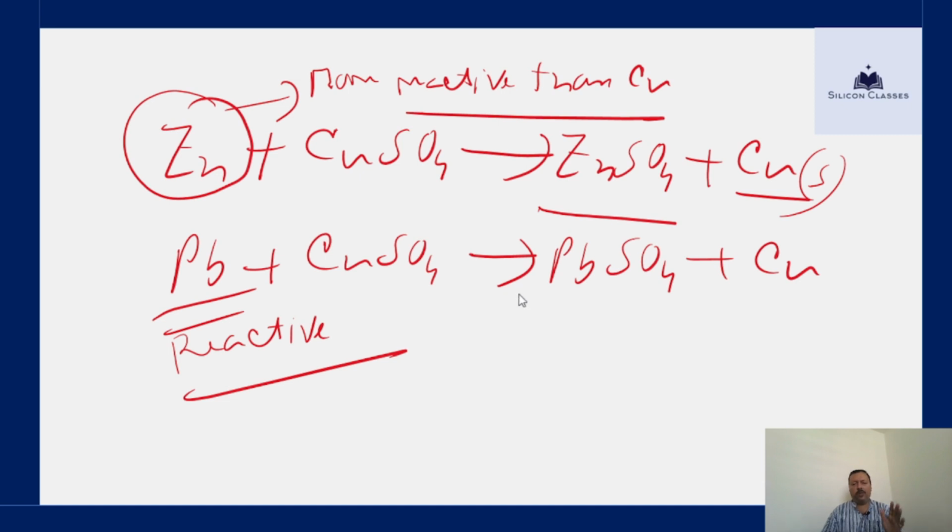So what we learn from the displacement reaction: the element which is more reactive than another element will displace the less reactive element from its salt or compound to form the corresponding salt or compound. So these are the examples of the displacement reaction.